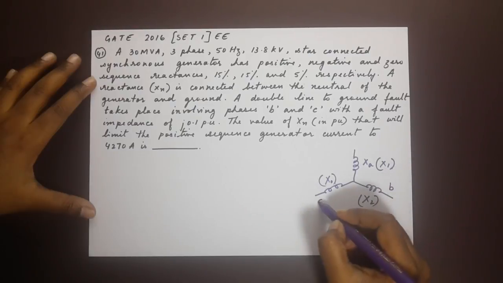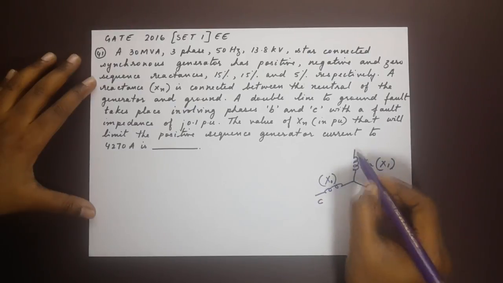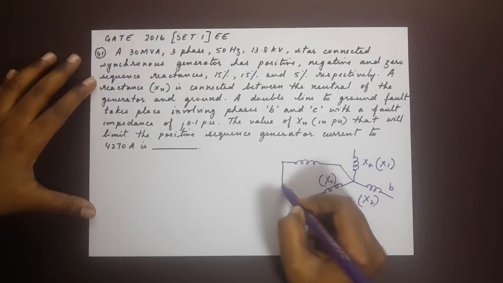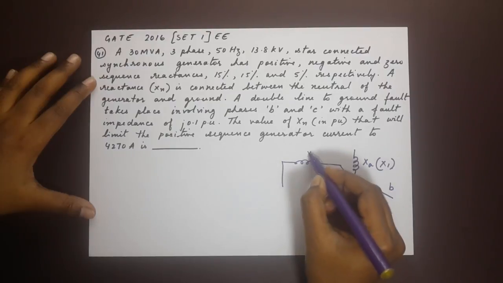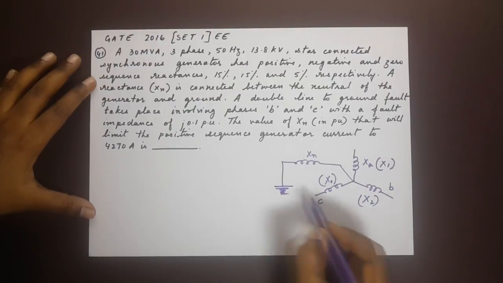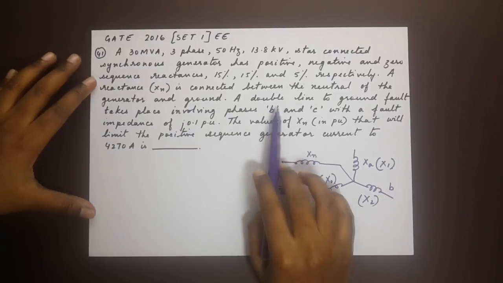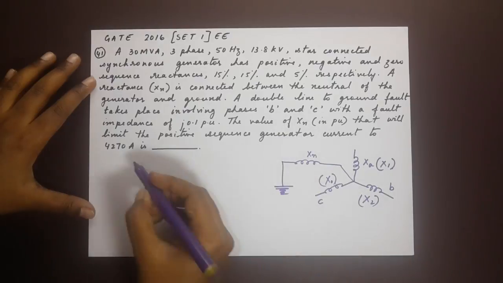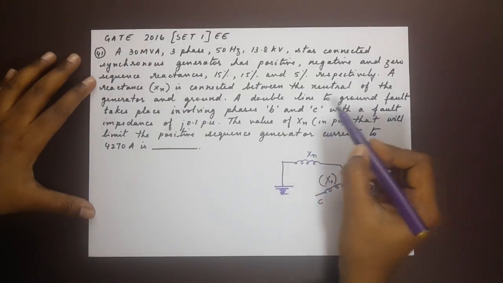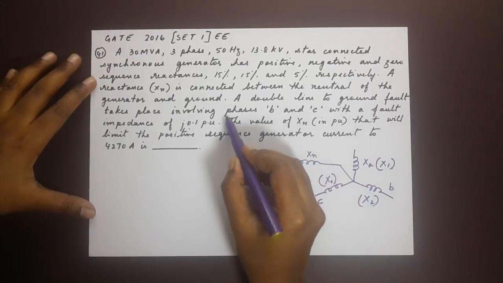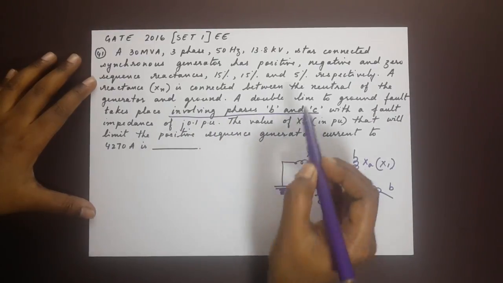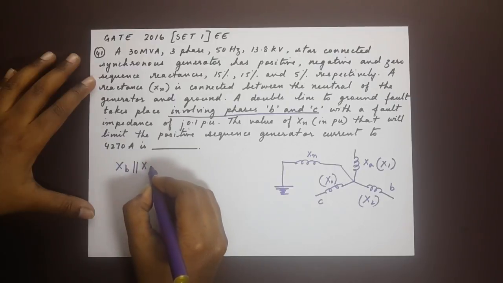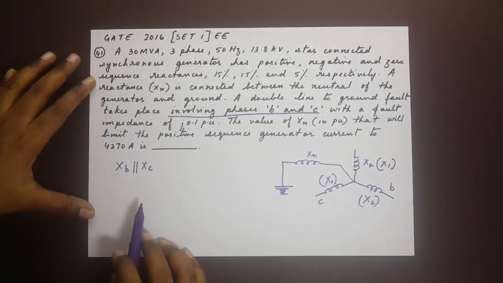So that's B and C, we'll call that A. And at neutral we have Xn, which is grounded, and there is a double line to ground fault which takes place involving phases B and C. Now this should tell us that XB becomes parallel with XC since both of them are grounded.